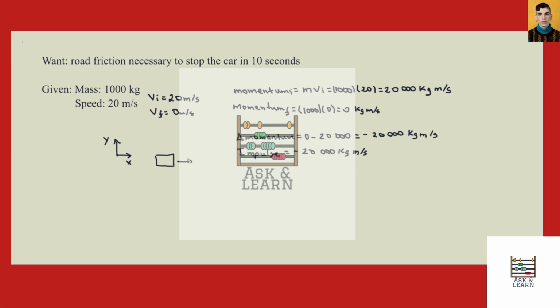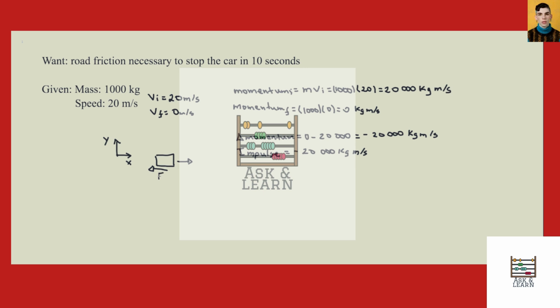So since we have a car going in the positive direction and we have a negative impulse making it stop, we know that the force is going to be negative. So the force is going to be pointing away from the positive x.